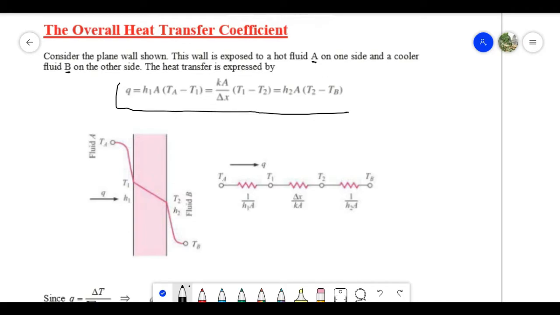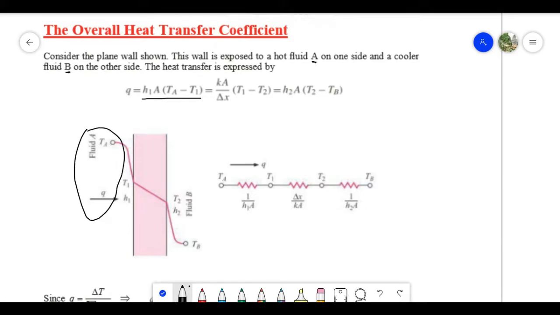The first term, h1 times A times (Ta minus T1), is the heat convection for fluid A. Then on the other side, we have h2 times A times the quantity (T2 minus Tb).